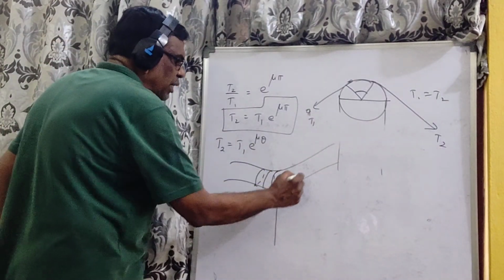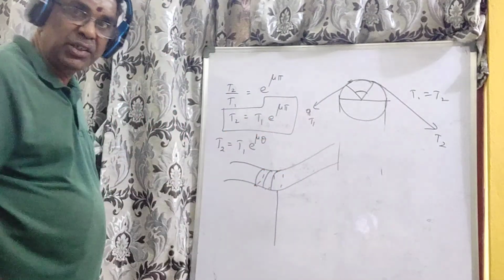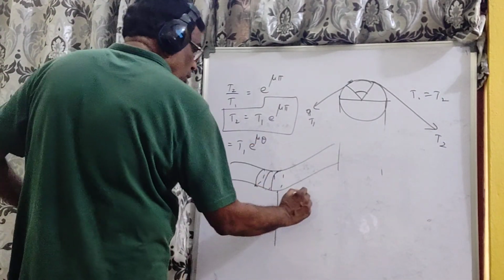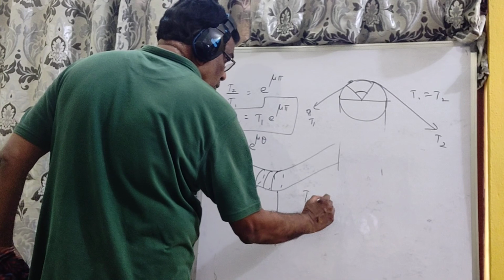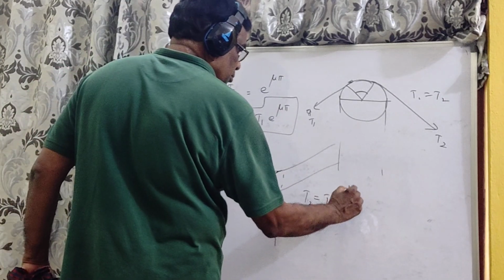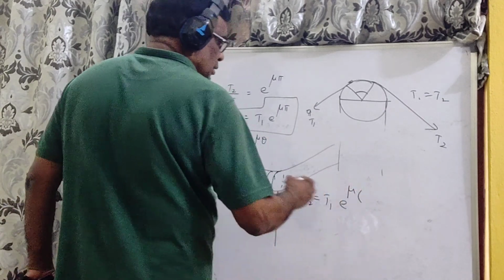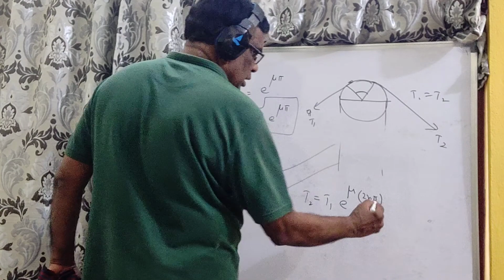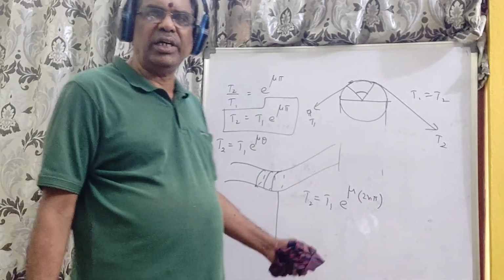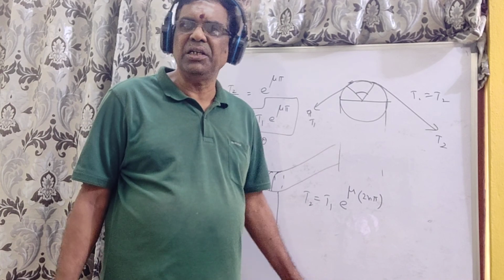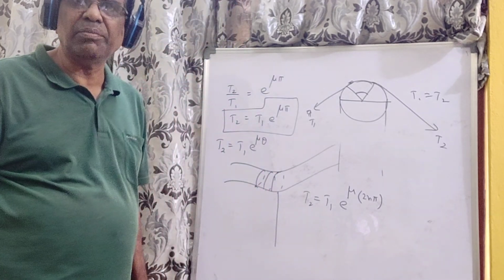So this is a branch of a tree and you are trying to rope like that. You could see how many times you wrap, you are going to get T2 is equal to T1 e raised to mu theta. The number of turns, that is 2n pi. It's going to be a very, very huge value, remember that. Very huge value. You get my point?